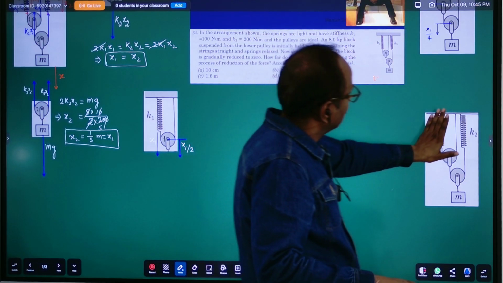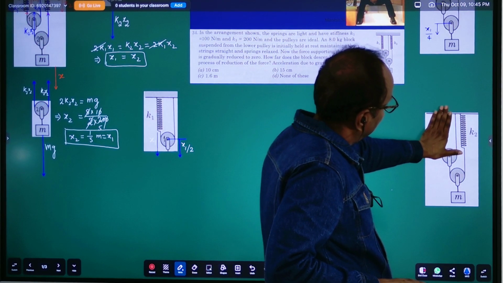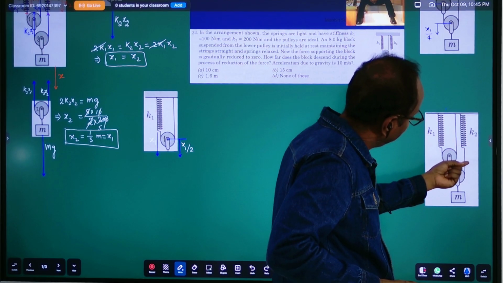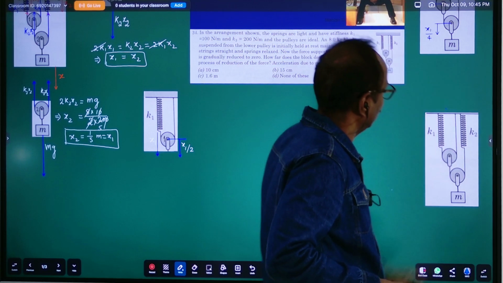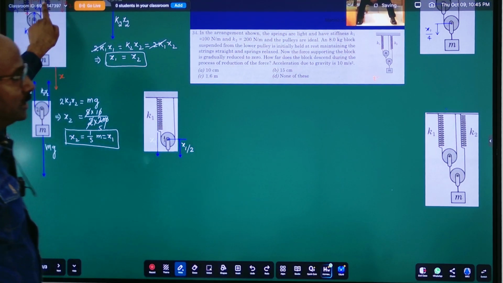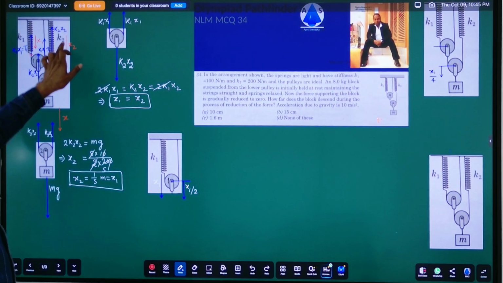Now ignoring the spring on this side, just think that this end of the spring has come down by x2. As we said in the beginning, there is a stretch in spring 2 as x2.